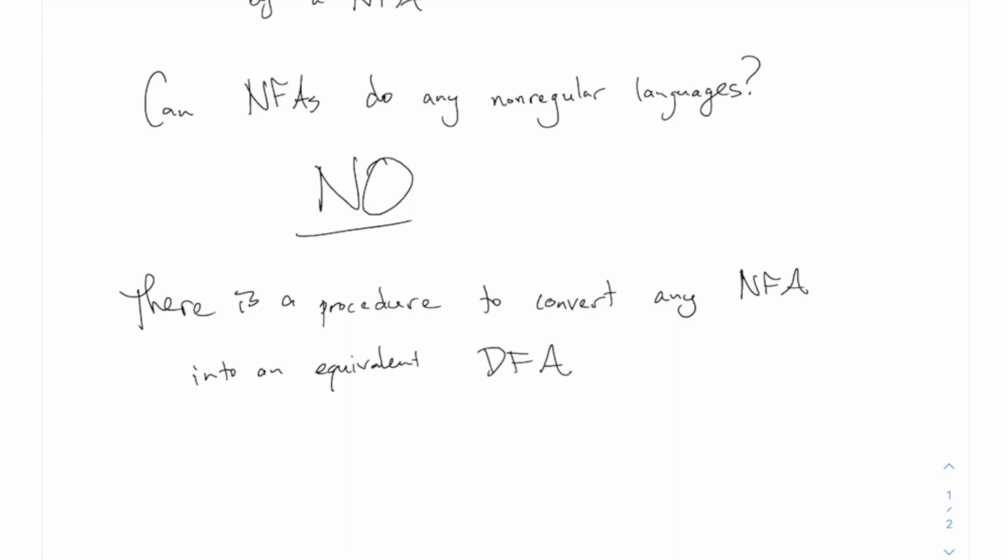This means, from the point of view of the theory of computation about different kinds of machines and their capabilities, NFA and DFA are actually the same kind of thing. They have slightly different descriptions, but the kinds of things they're capable of computing are the same, and they are the regular languages. There's a procedure to convert any NFA into an equivalent DFA. That means anything that you could do with an NFA, you can also do with a DFA. Usually the DFA that you get will be bigger than the NFA that you started with.